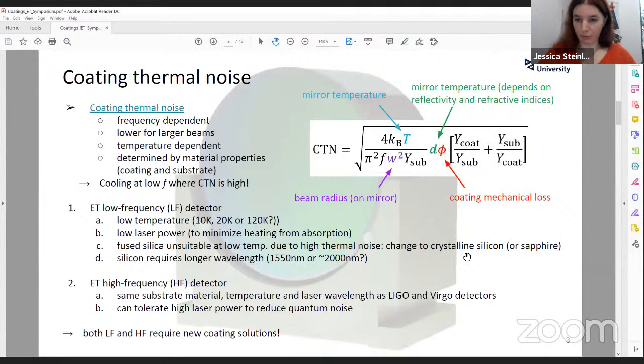So 1064 nanometers is not suitable at all, because within the first few centimeters of the mirror, all the laser power would get absorbed. The telecommunication wavelengths are very promising, or even higher wavelengths where some coating materials are lower absorbing are interesting. However, a longer wavelength also means a thicker coating, which then again affects our coating thermal noise. In either case, so ET low F and ET HF, we will need new coating material solutions.